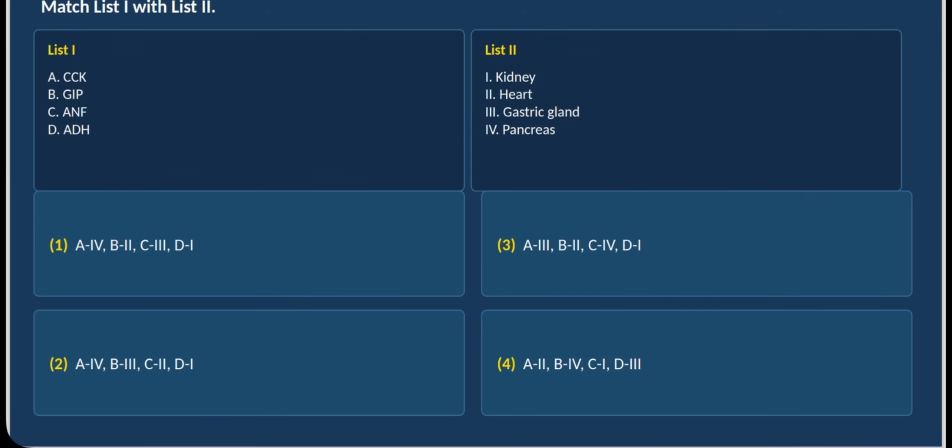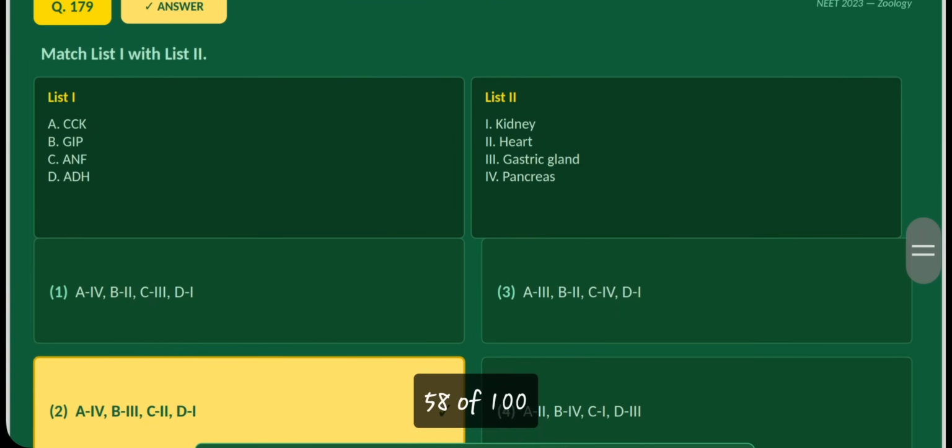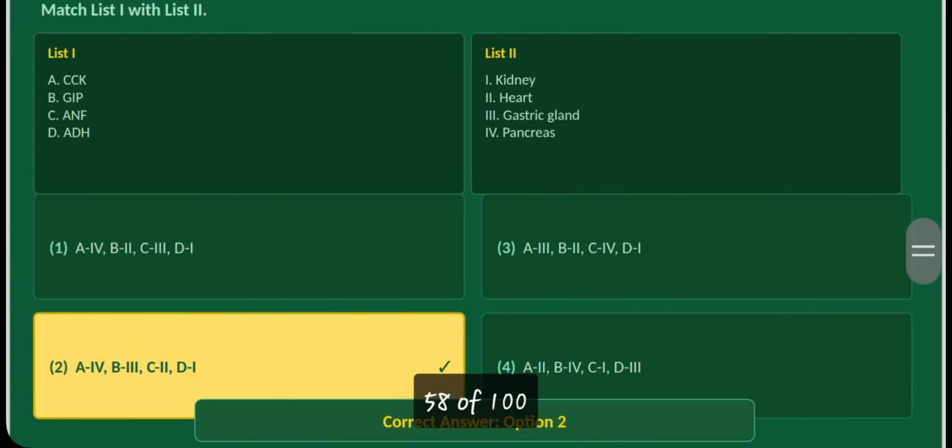ADH, antidiuretic hormone, kidney. So A4 option, then B3, A4, B3 is the second option. C2, atrial natriuretic factor. D1, antidiuretic hormone, kidney. So second option, A4, B3, C2, D1 is correct for this match the following.